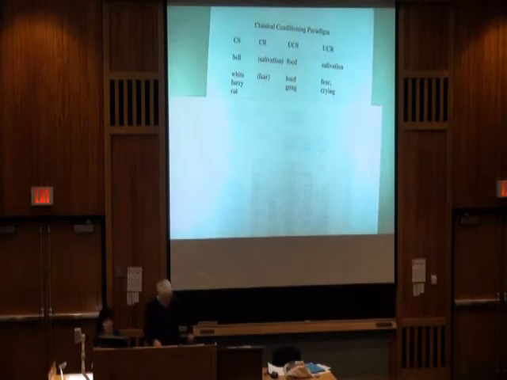Just a side story, John Watson and Rosalie Rayner, his research assistant, did this experiment. It's a classic experiment. But they worked together long hours and they became friends. And then they became super friends. And John Watson's wife found out about it. So she went and visited the family of Rosalie Rayner, and while she was visiting, she snuck into the bedroom and found the letters that John Watson had written to Rosalie Rayner.